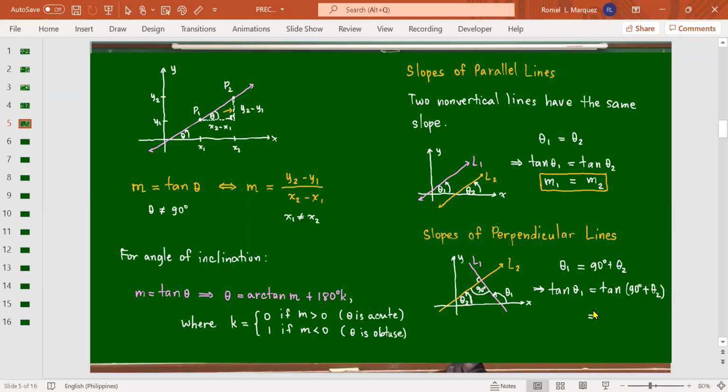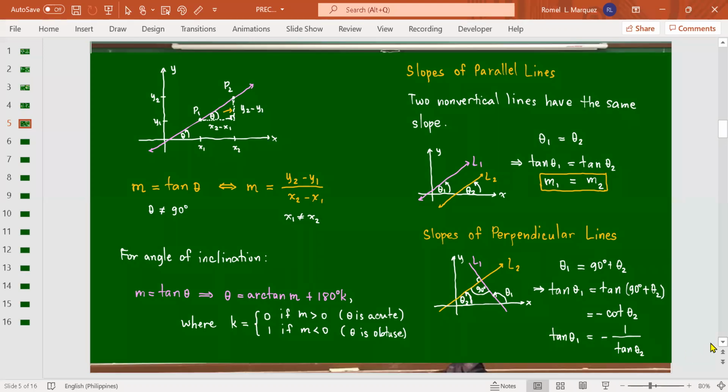But from your trigonometry, I think you're not yet in there, no? The identity for this is negative cotangent of theta sub 2. But cotangent theta sub 2 is 1 over tangent theta sub 2. Then negative here, that is tangent theta sub 1.